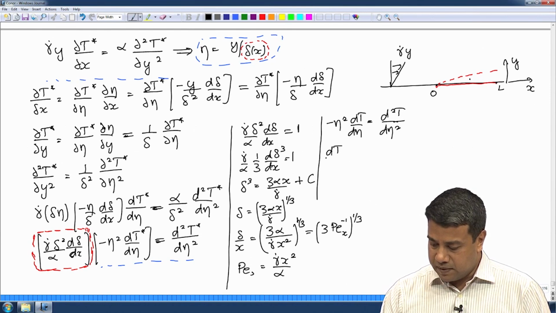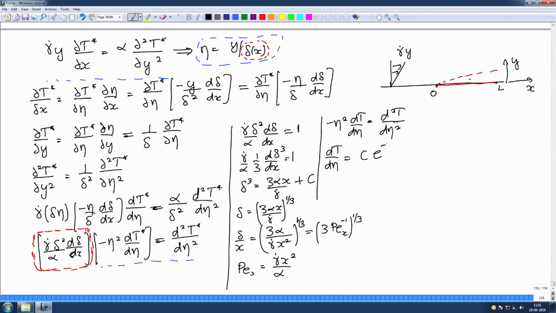I will get dT by d eta is equal to c e power minus eta cubed by 3. I will call this c a constant of integration. And then T will be equal to a integral 0 to eta d eta prime e power minus eta prime cubed by 3 plus some constant b.